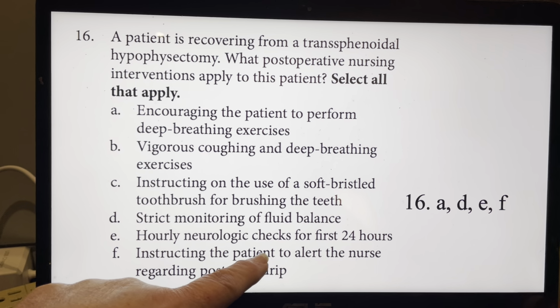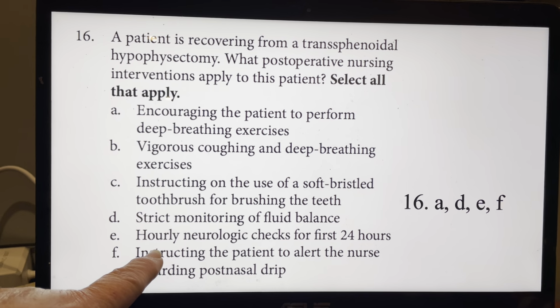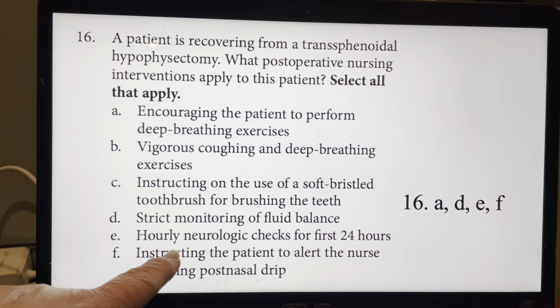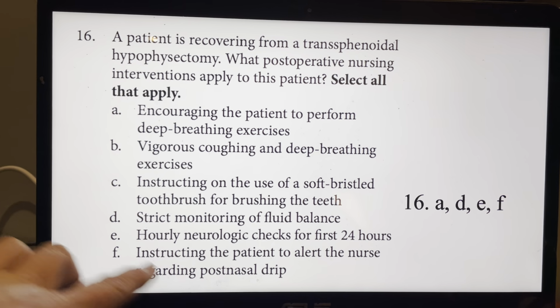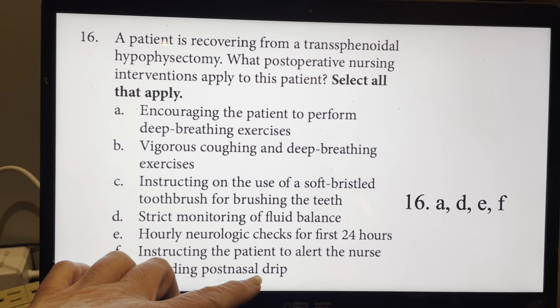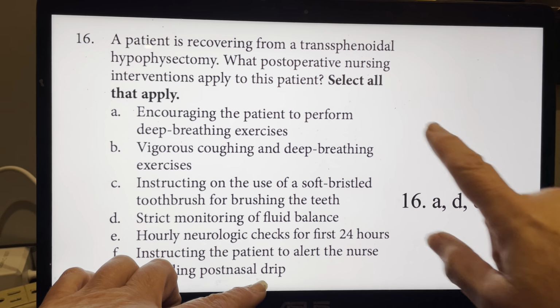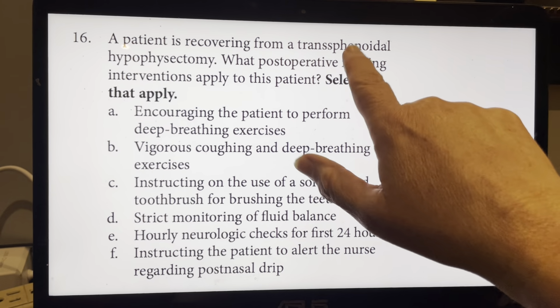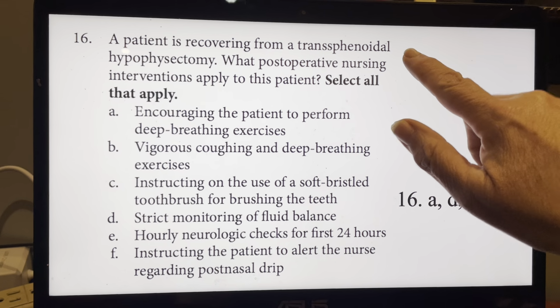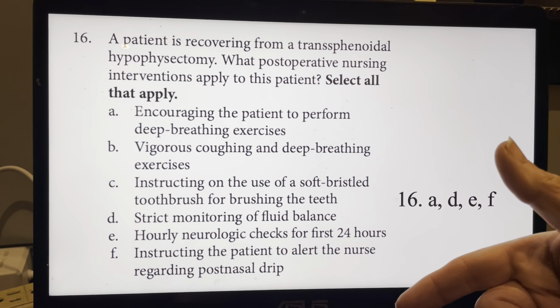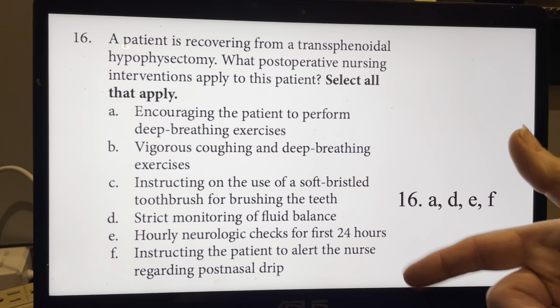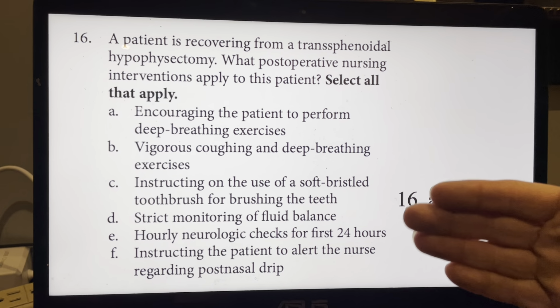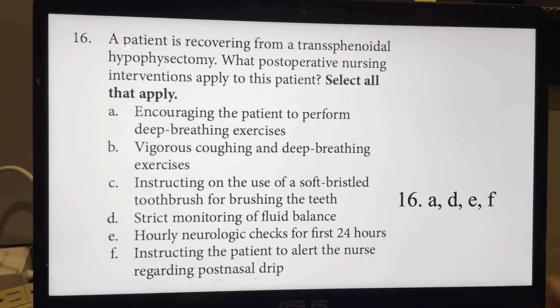Hourly neuro checks for 24 hours because we have been up her nose in the middle of her brain. And instructing the patient to alert the nurse regarding a post-nasal drip. After we've been up her nose and in her brain, if they have a clear fluid that is a post-nasal drip down the back of their throat or dripping out of their nose, it may be cerebrospinal fluid. I mean, what are you going to do?